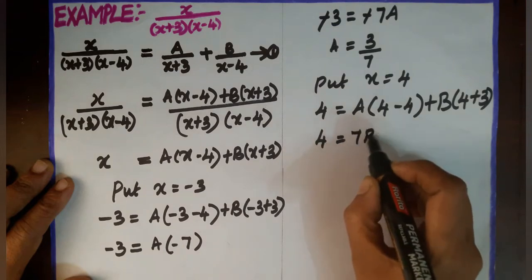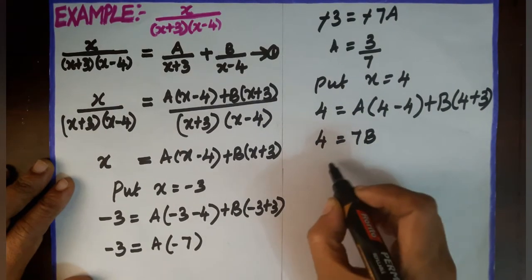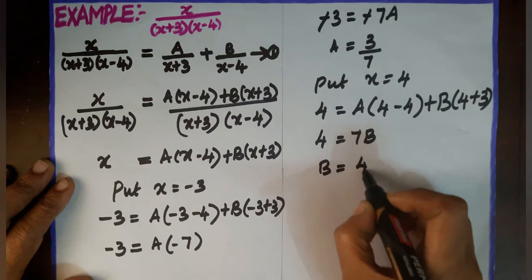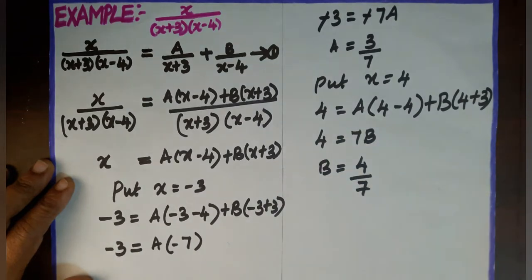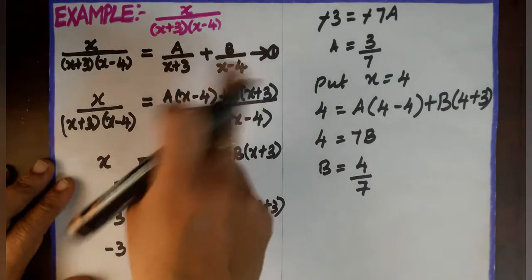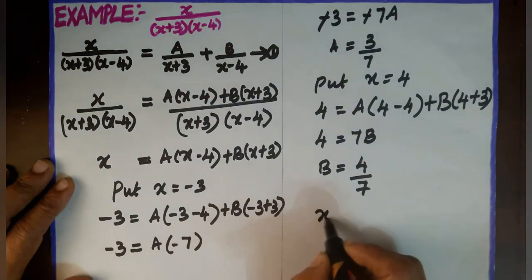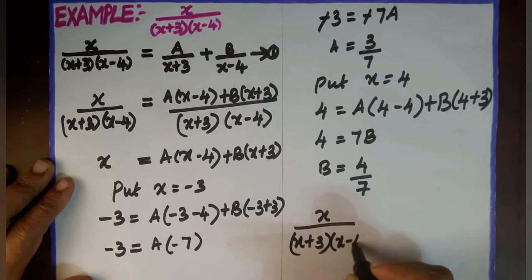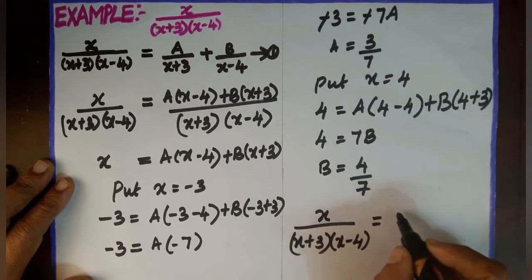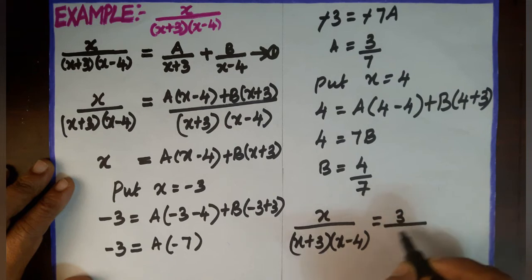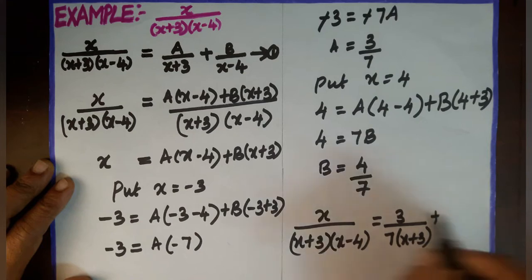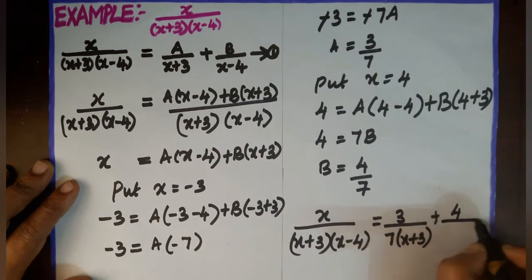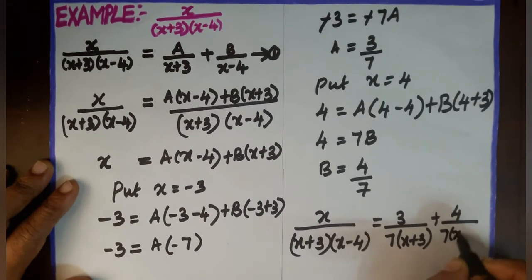Then we get 7B, which gives B equal to 4 by 7. Now we need to apply the values of A and B in the first equation. Then we get x by x plus 3 into x minus 4 equal to A, which is 3 by 7, into x plus 3, plus B, which is 4 by 7, into x minus 4.